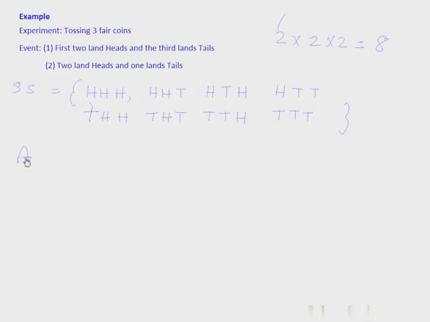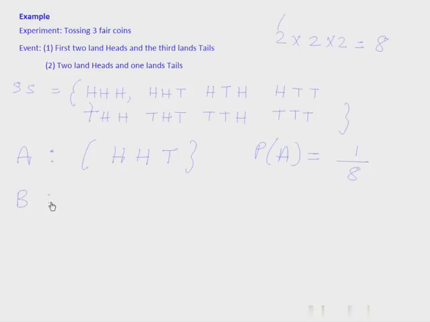Event A: first 2 land heads and the third lands tails. Well, everything is specified. So the only outcome that can satisfy this event is heads, heads, tails. That was easy. Probability of A is 1 out of 8.